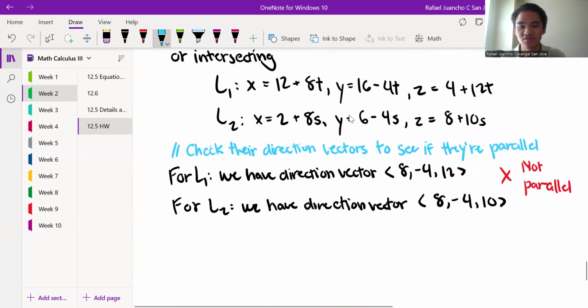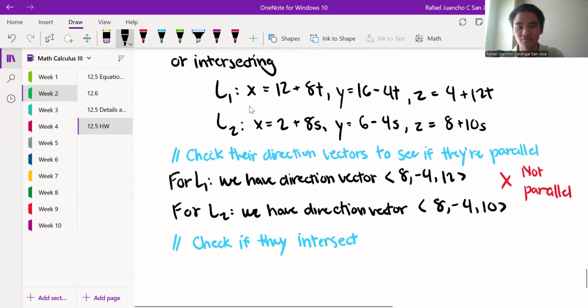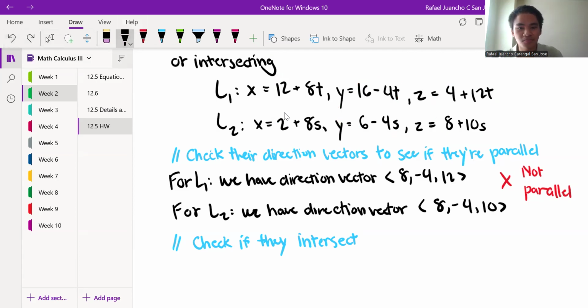Now we're going to check if they intersect. So how do we do that? Well, this requires algebra. We equate these two together, we equate these together, we equate these together, and then we find a t and s that satisfies all of them.